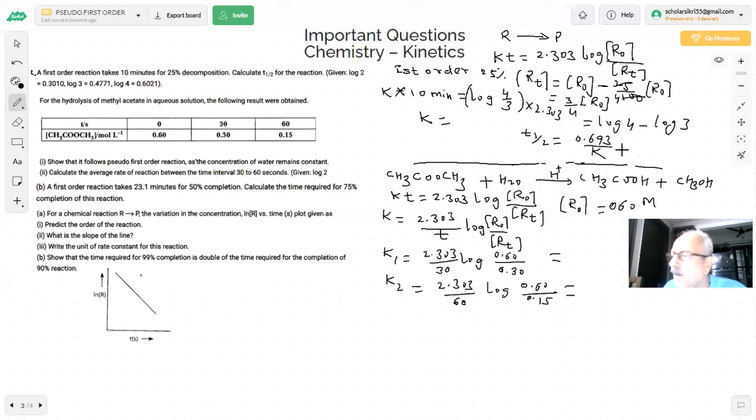Sir, sometimes I face problems in finding the value of log. Log values, we have no problem. This is log 2, this is log 4. I have given you the values of log 2 and log 4 already. We already know log 2 is 0.301, and log 4 is log 2 squared, so 2 times that.